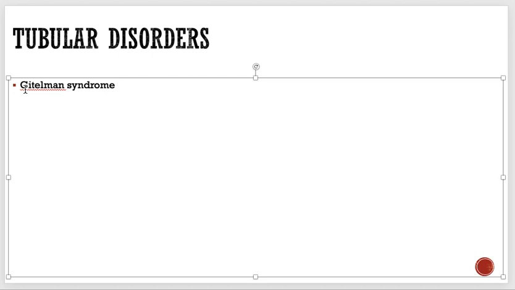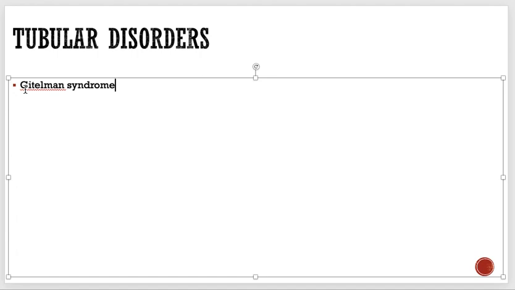A very important syndrome is Fanconi syndrome. Fanconi syndrome basically affects the proximal convoluted tubule.